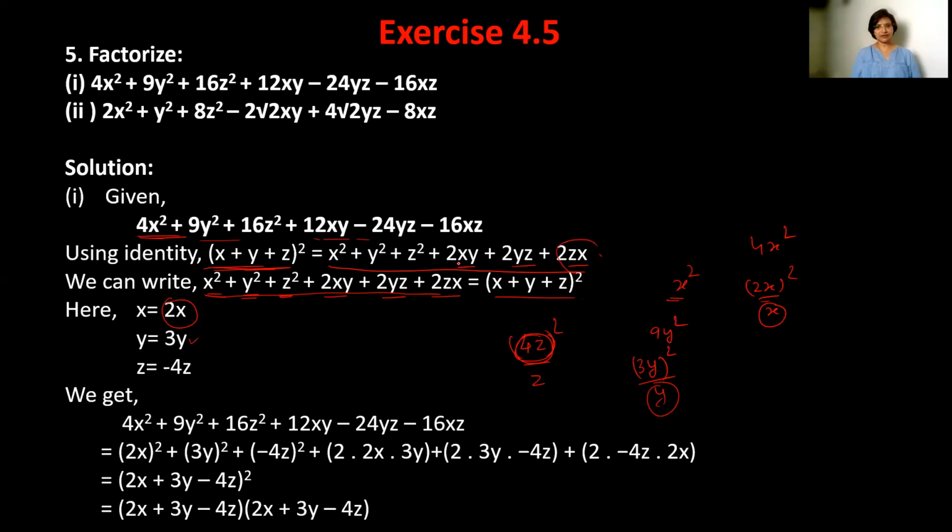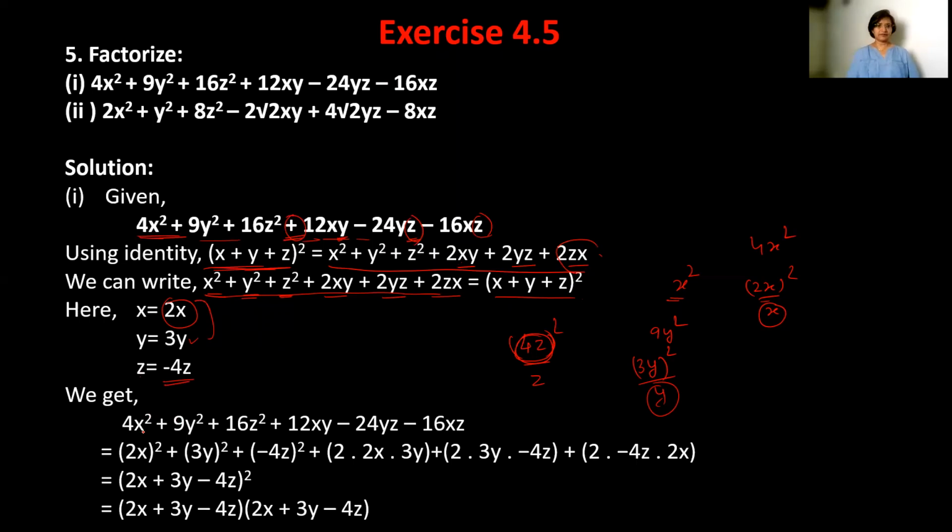When you multiply x and y, you are getting a plus sign here, so y will be positive and x also will be positive. What is remaining is the variable z, because in both the terms with a minus sign there is z. So the value of z will be minus 4z.